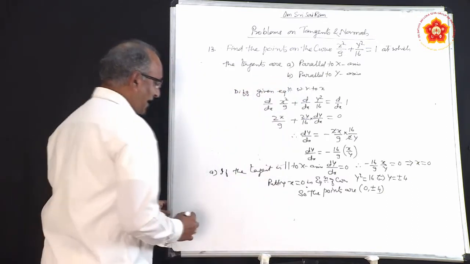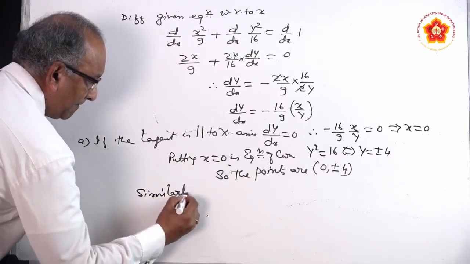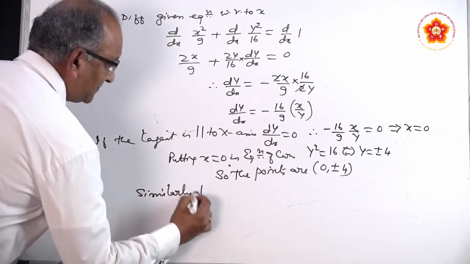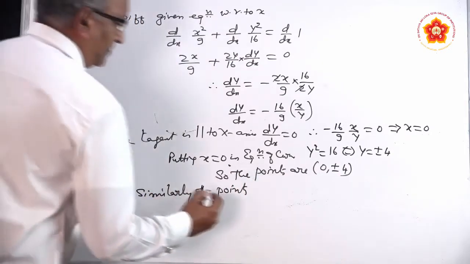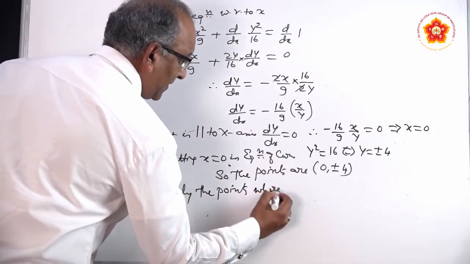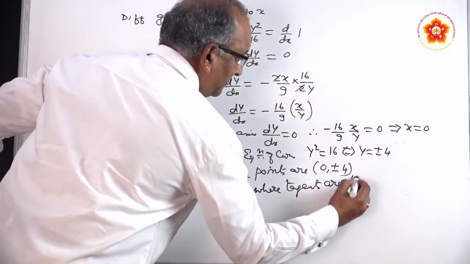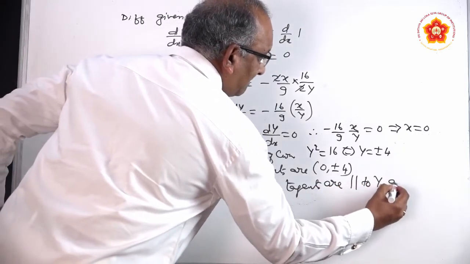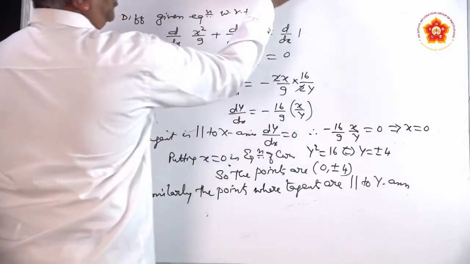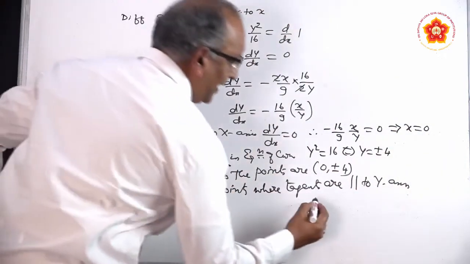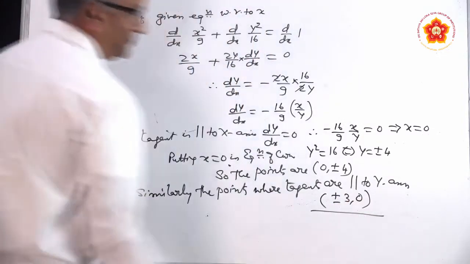So, we can directly write similarly. The points where tangents are parallel to the y axis, you are going to get y equal to 0, you will substitute y equal to 0, you will get x square equal to 9, and the points are going to be plus or minus 3 comma 0.